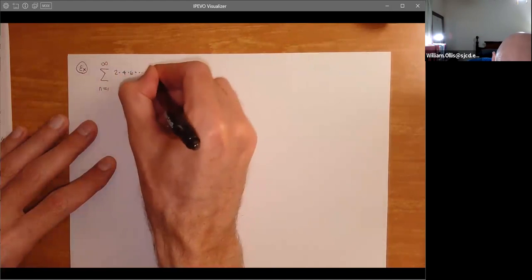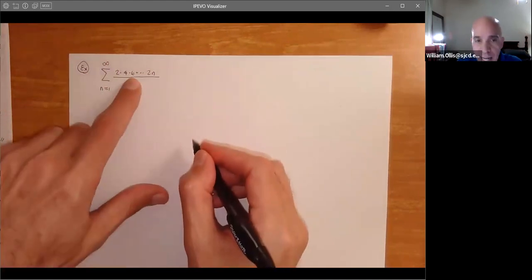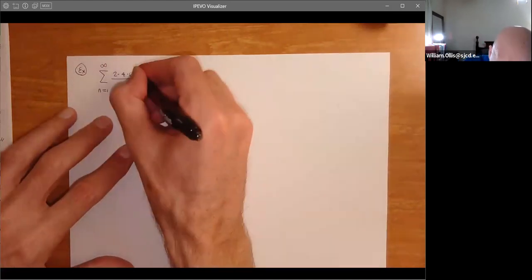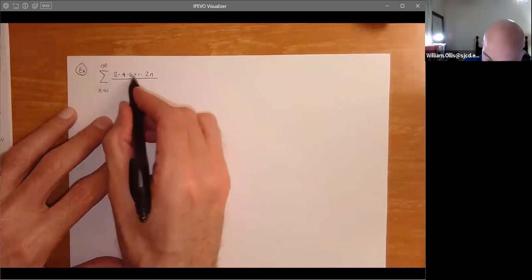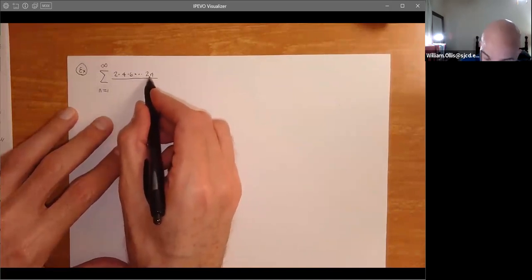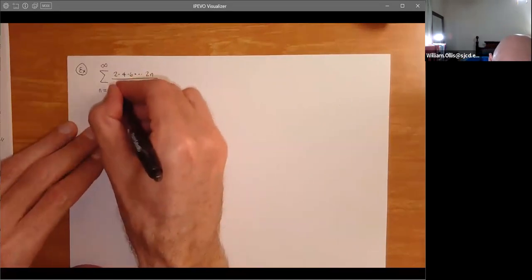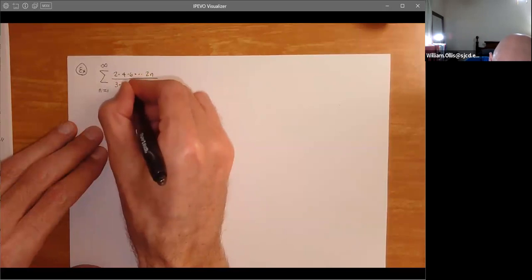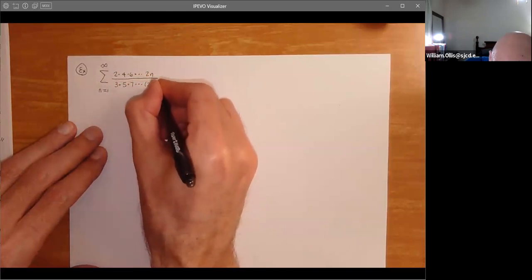And so when we have a generating term or an nth term that's written as a pattern, then we have to respect that. Okay, so upstairs we have 2, 4, 6. So we're just moving along with the even natural numbers, ascending to 2 times n. And then downstairs, we've got odd factors ascending to 2n plus 1.